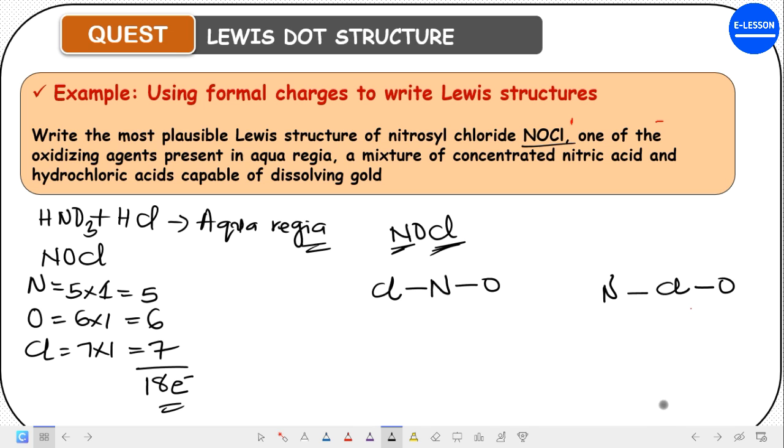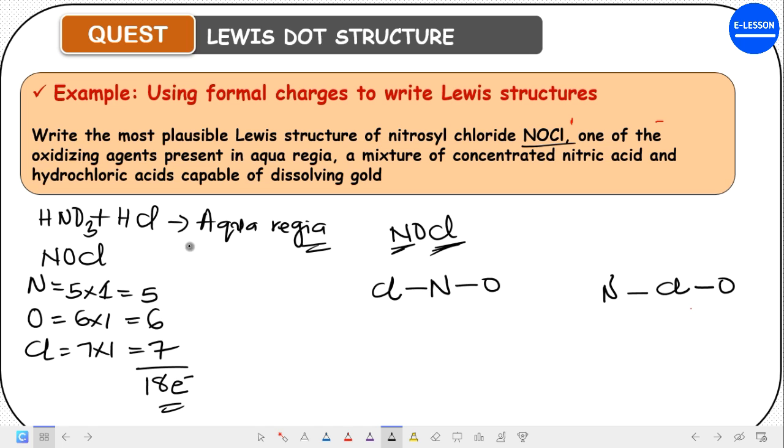So now, having gotten this structure, the next thing we need to do is to introduce the formal charges, or the concept of writing Lewis dot structures from what we learned. When we see a structure like this, we count the bonds that link them together and then subtract from the total number of electrons.